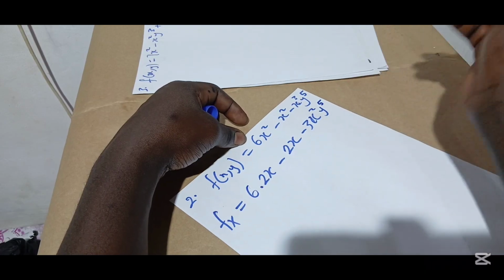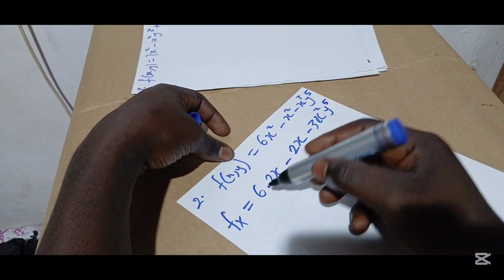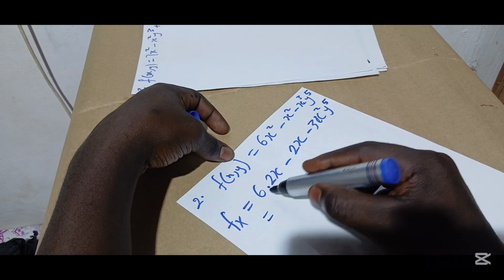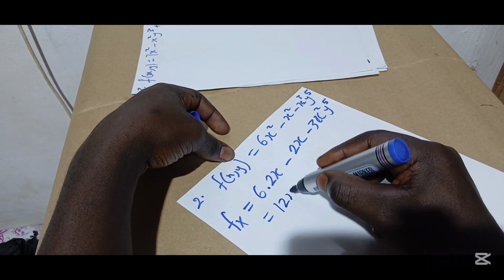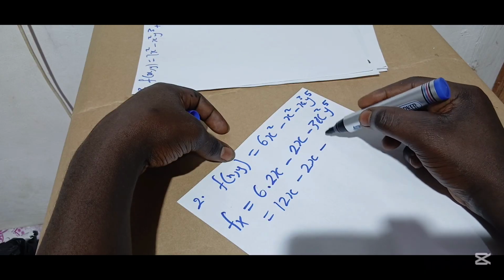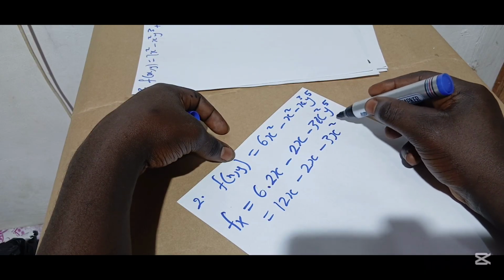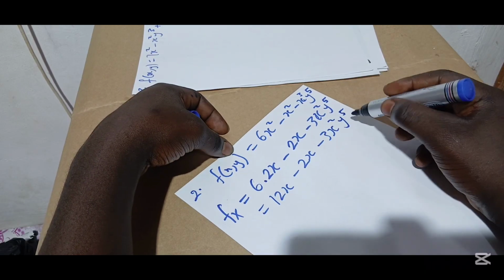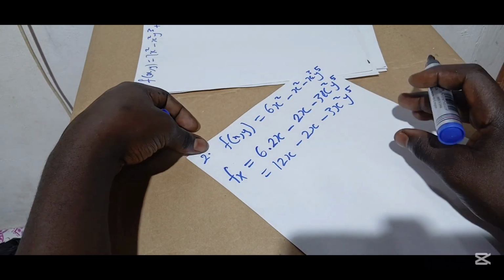Since we are not differentiating with respect to y, just leave it like that. So let's simplify this further. 6 by 2 is going to give us 12x minus 2x minus 3x squared y to the power 5. So that's it for f of x.